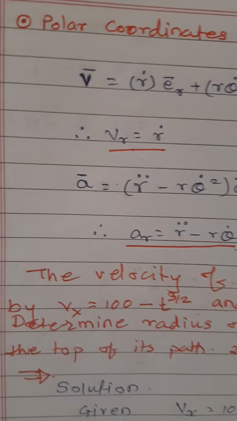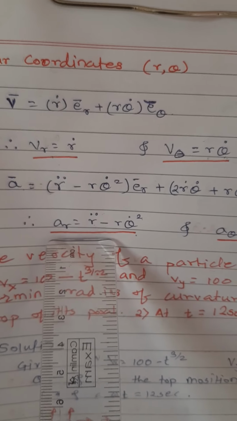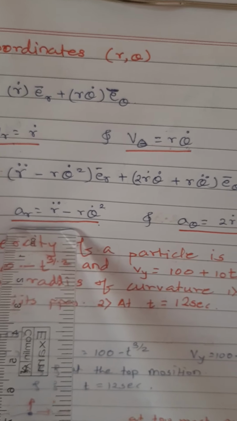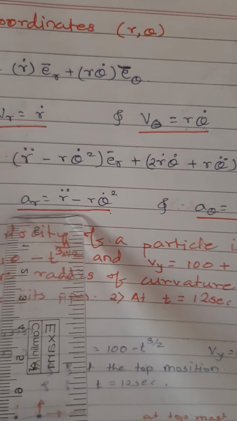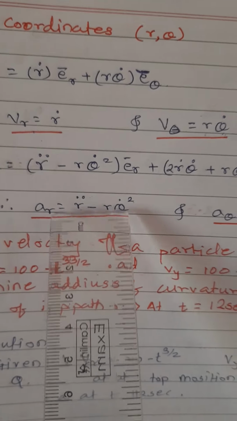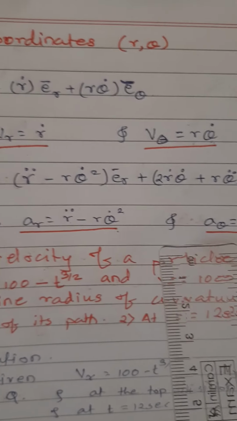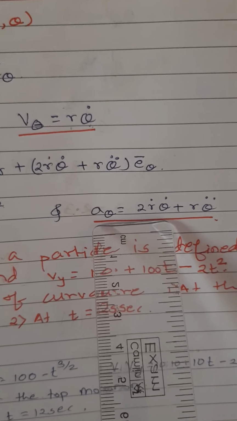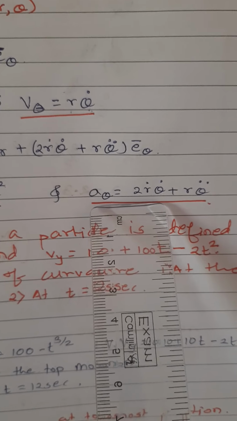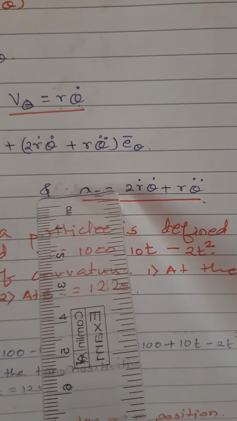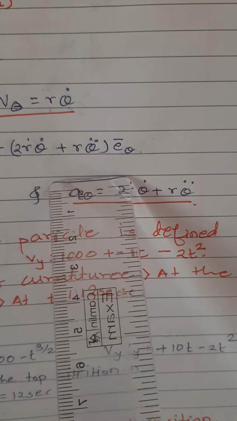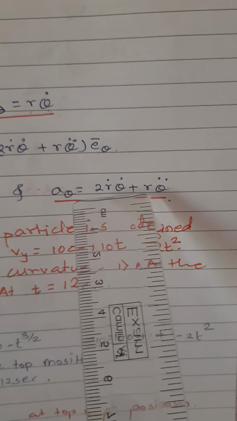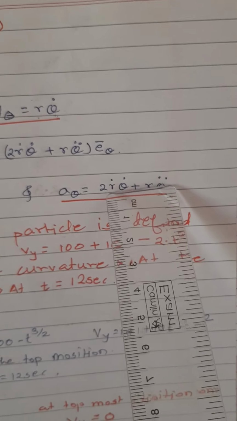In a similar way, the acceleration along the radial direction will be r double dot minus r theta dot squared, and the acceleration along the transverse direction will be 2 r dot theta dot plus r theta double dot.